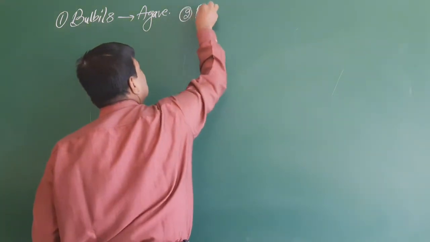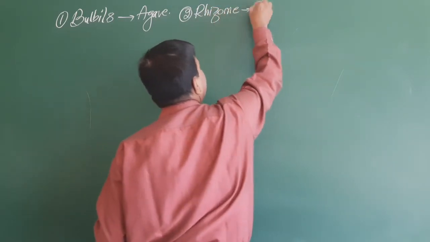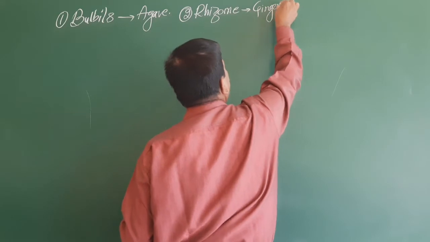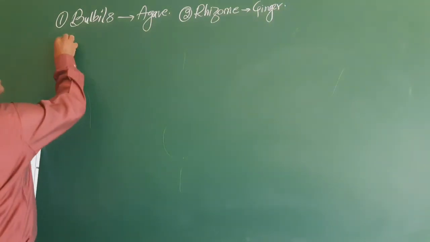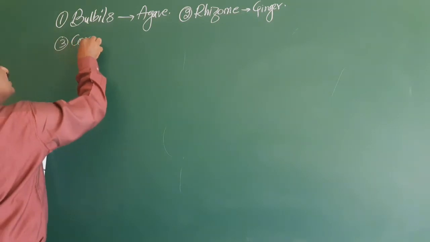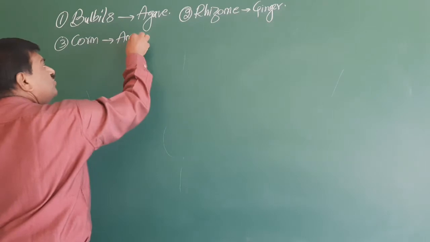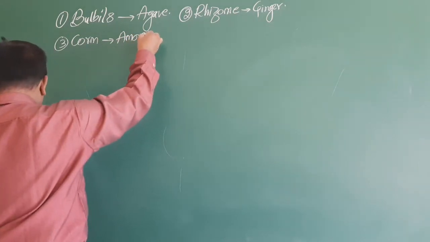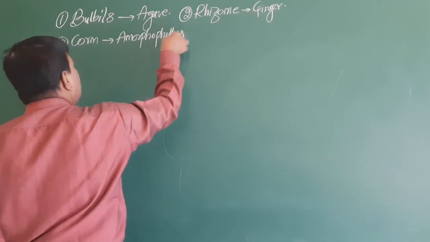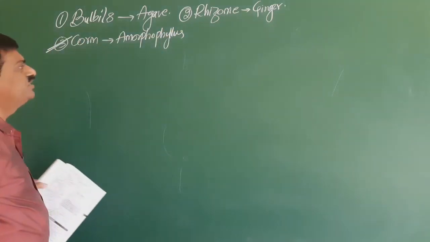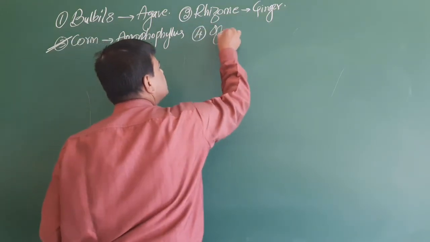The second one is rhizome. Here the example is usually ginger. From a ginger the rhizome is present. So this is not the answer. And the third one is corm. In this the option is corm. Here the example is Amorphophallus. So this is the right option. And the fourth option is offset.